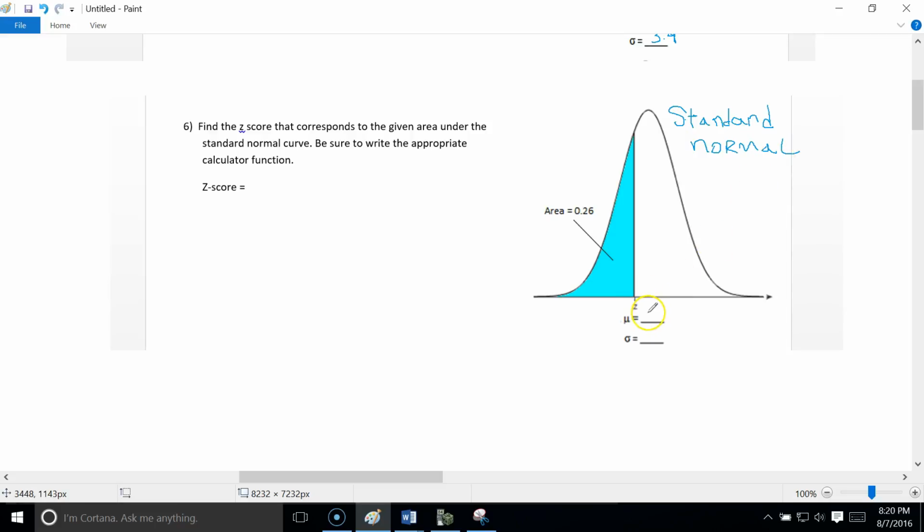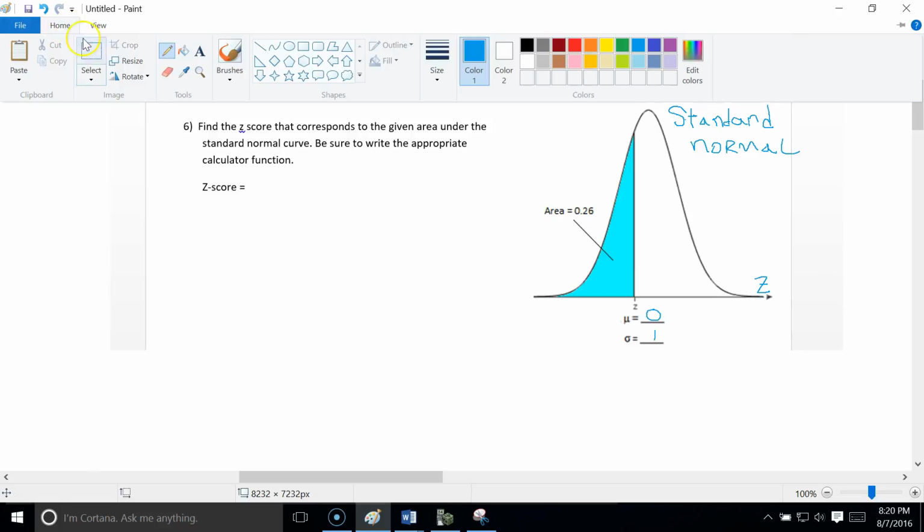Okay, and so mu automatically has got to be equal to 0 because it's the standard normal distribution, and sigma is automatically 1. This random variable here is the random variable z, as we've identified there. Okay, so we want to find the z value that traps the lowest 0.26%, which is going to be a calculator function called invnorm.